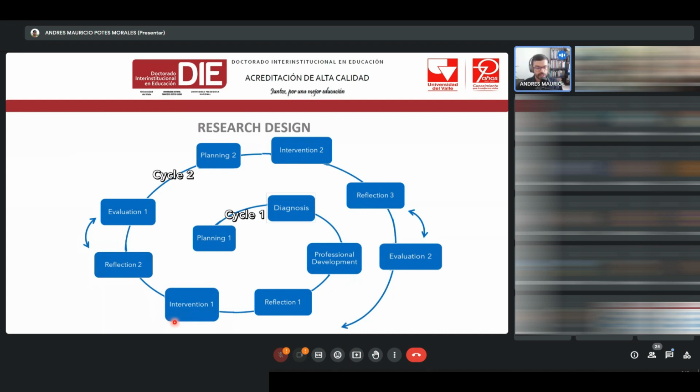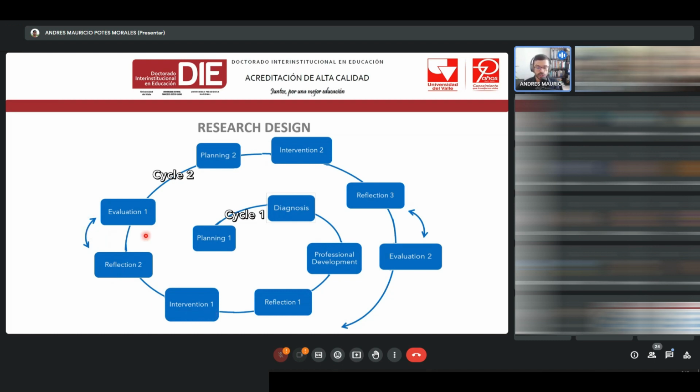So the idea is that the teacher participants will co-construct 2 didactic units, one which will be applied along cycle 1, and the second one will be applied along cycle 2. And this is the first intervention. Then we have reflection 2. In reflection 2, teachers will register and reflect upon the first intervention.